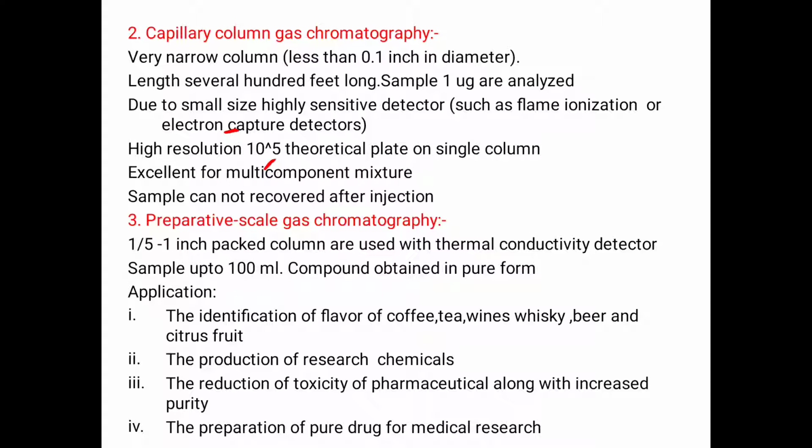The third one is preparative scale gas chromatography. Here the analytical chemist uses large bore packed columns of 1/2 to 1 inch with thermal conductivity detectors, and samples up to 100 ml can be analyzed.